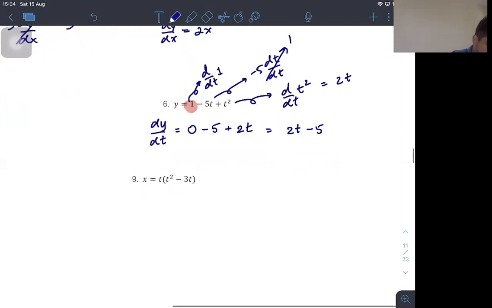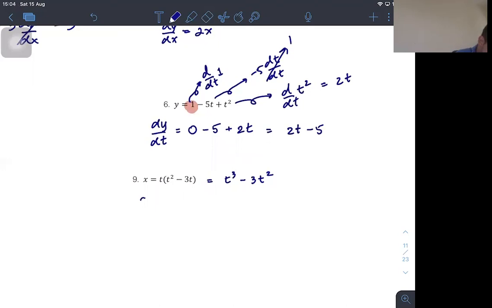So for number 9, for example, one way to do it is to expand this polynomial into this form. Times the t into each term will give you t to the 3 and minus t squared. So you do dx by dt.